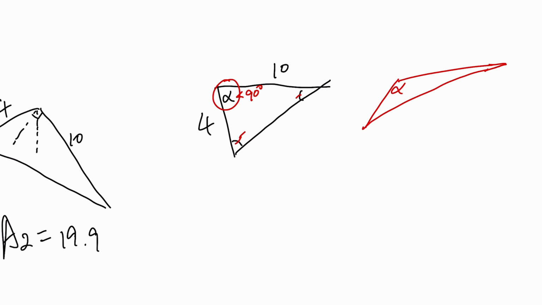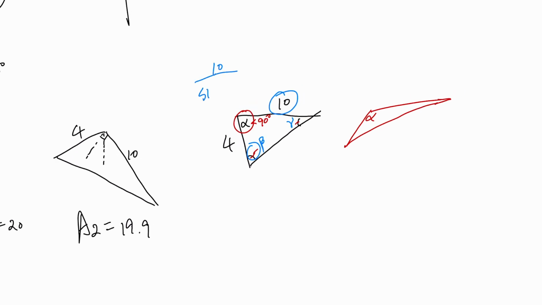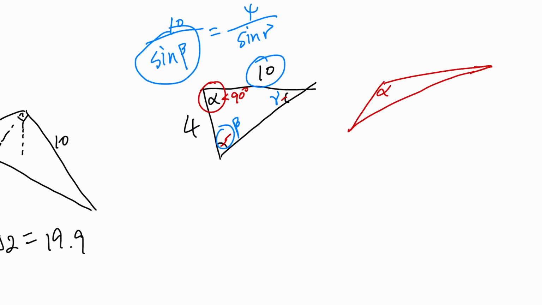Which of these two is the bigger angle? Well, it's the angle that corresponds to the 10, by the law of sines. Let's say this angle is beta, and this angle is gamma. Similarly, we will have 10 over sine beta is equal to 4 over sine gamma. Obviously, sine beta is going to be larger, which means that both of them are less than 90 degrees, so beta will be the larger angle.